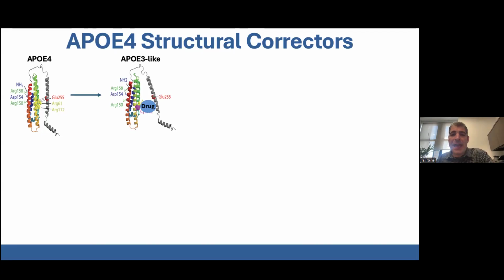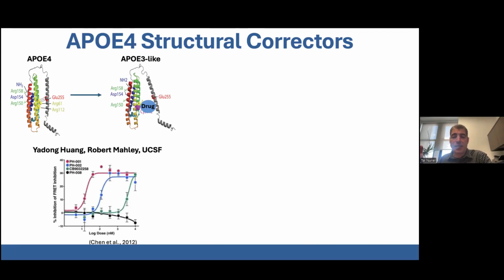This is actually an approach that has been around for over a decade. A couple researchers at UCSF, Yidong Huang and Robert Mahley, first proposed this and first showed that it could be done. They actually found some ApoE4 structural correctors. Those, for various reasons, and I don't want to speculate, never made it to clinical trials. But it's still an approach that a lot of people talk about.